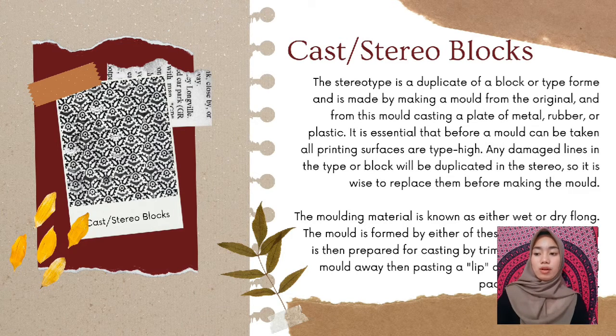And the dry flong is machine-made sheets, and it's molded in a press. The mold is formed by either of these two methods, and this is then prepared for casting by trimming all the excess mold away, then pasting a lip of brown paper and packing out the mold.